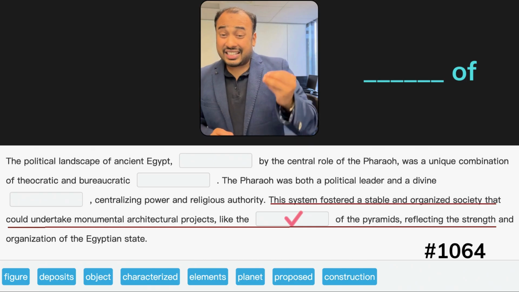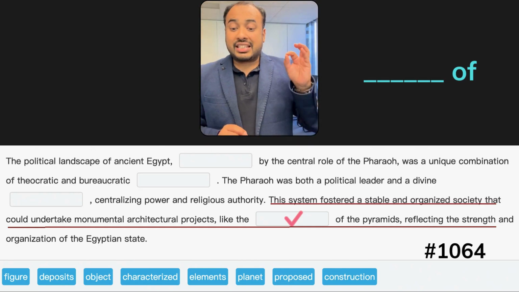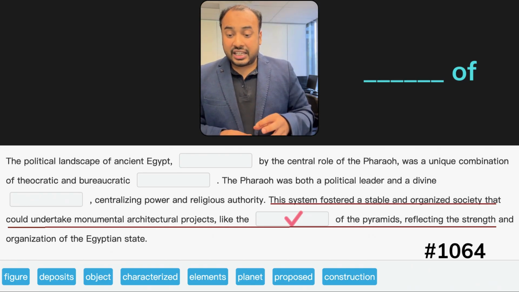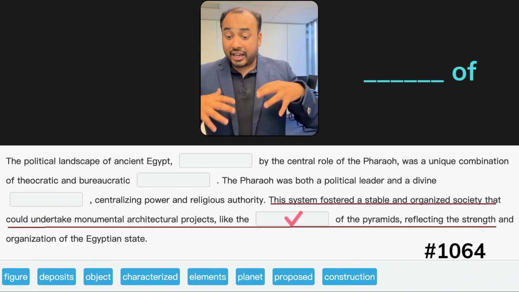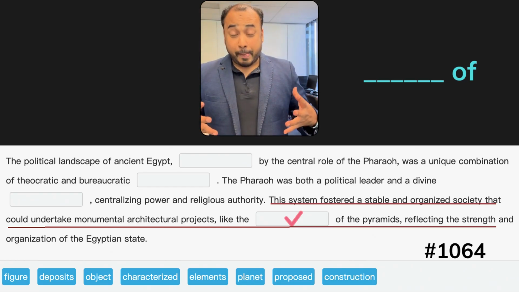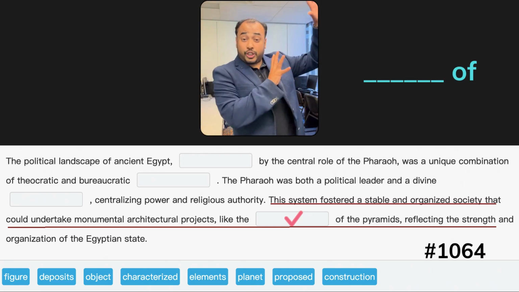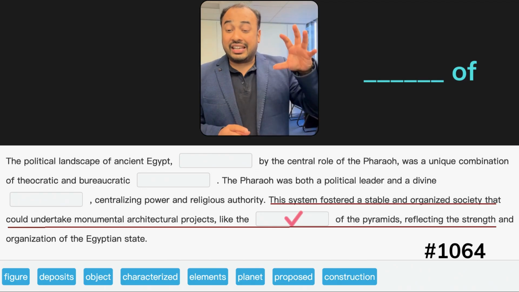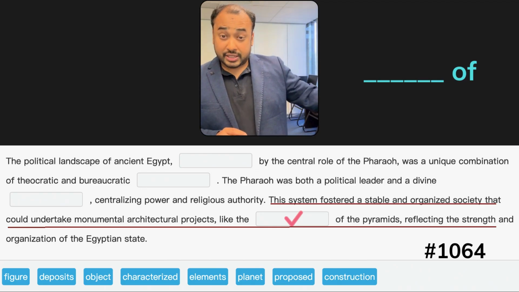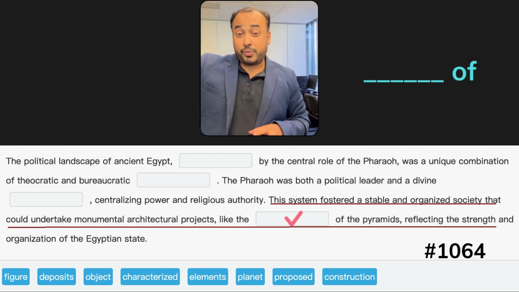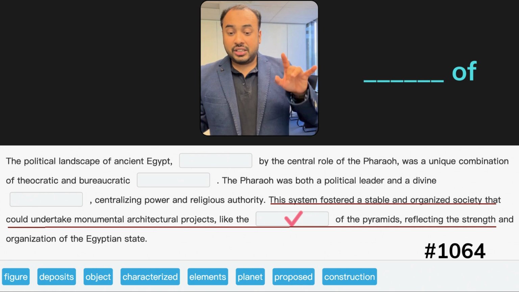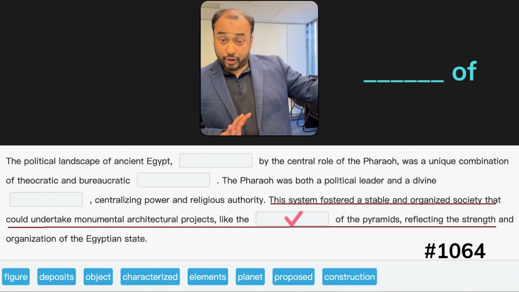So this system fostered a stable and organized society that could undertake monumental architectural projects. So we're talking about projects here. We're talking about monuments, like the dash of the pyramids. It's talking about monuments and it's trying to compare with the pyramids.